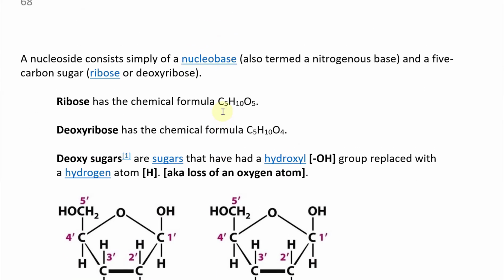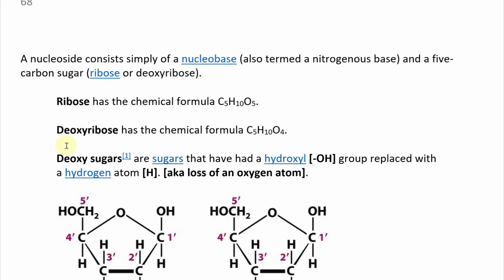Continuing further, a nucleoside consists simply of a nucleobase, also termed a nitrogenous base, and a 5-carbon sugar, either ribose or deoxyribose. Ribose has the chemical formula C5H10O5. Deoxyribose has the chemical formula C5H10O4.